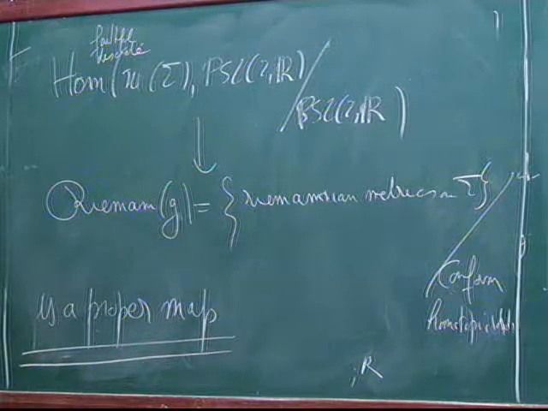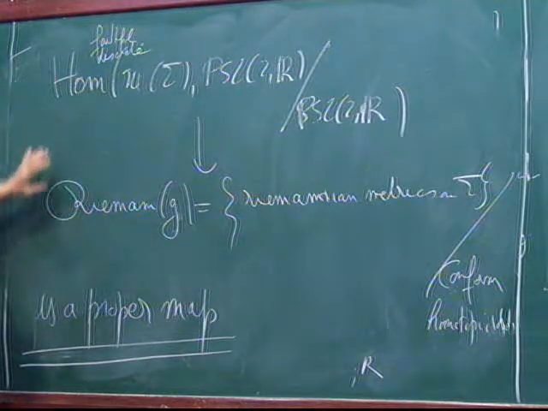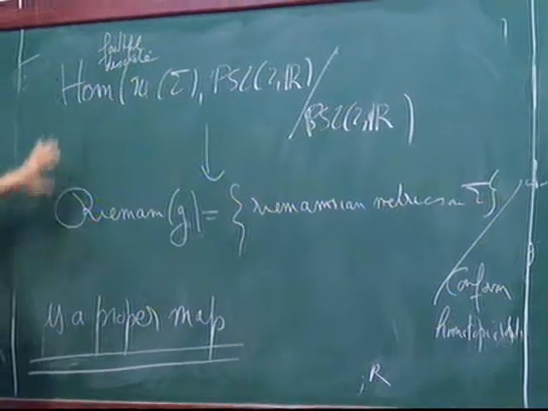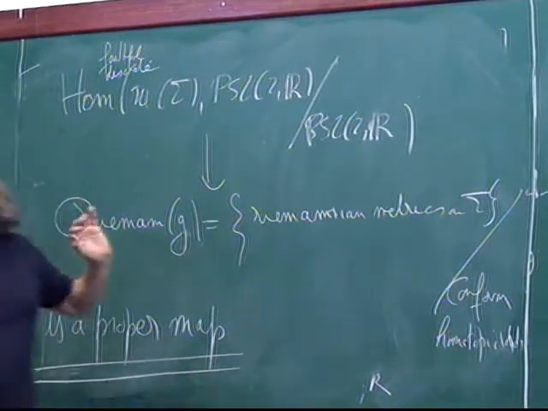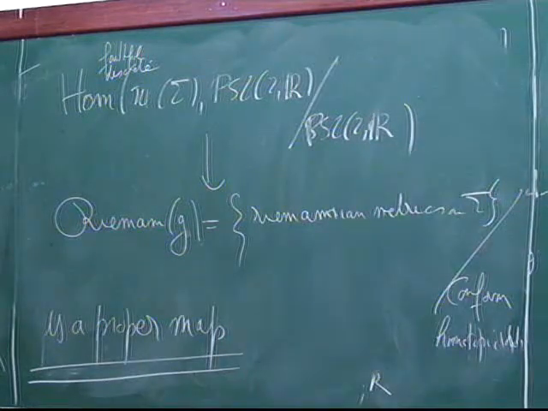This is what's missing to show that this is bijective. You have an injective map from a manifold to another manifold of the same dimension. If this map is injective and proper, and if the target is connected, this map is a bijection.